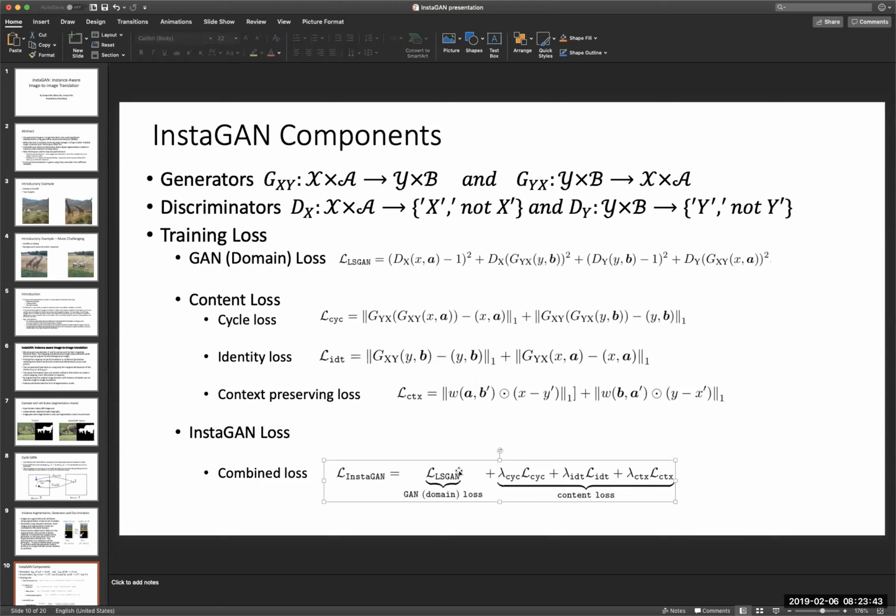One of the components is the domain loss, and the next group is the content loss. These 4 components are combined together with weights. These are essentially the hyperparameters of the learning process. These lambdas allow different emphasis on the losses.